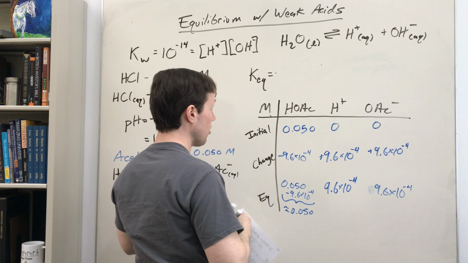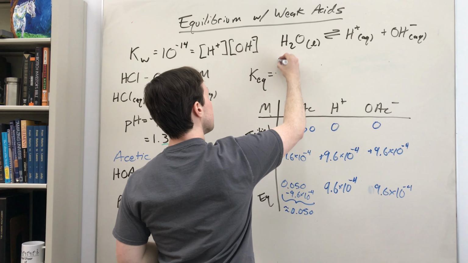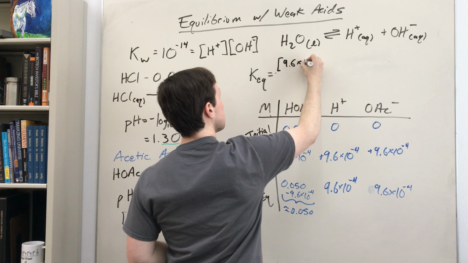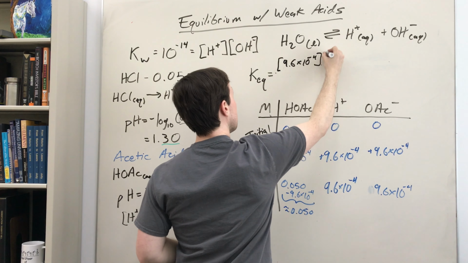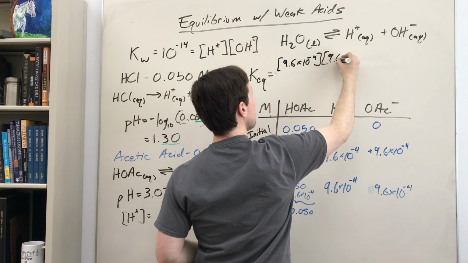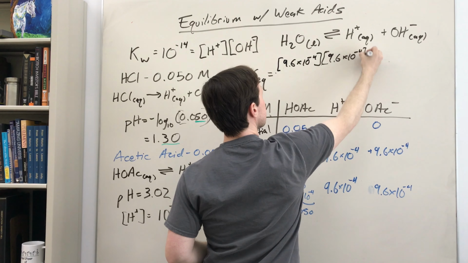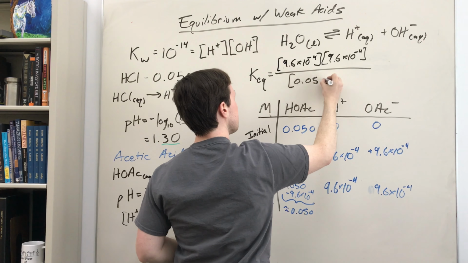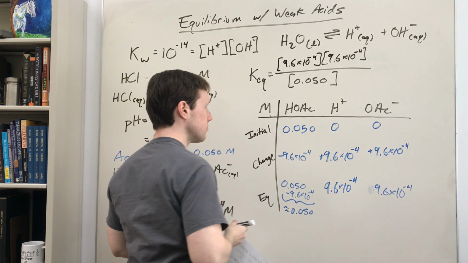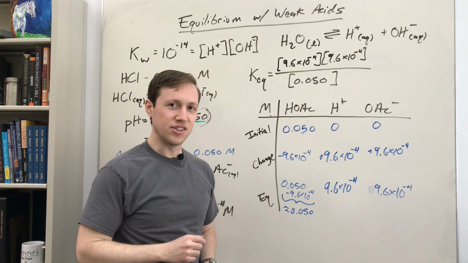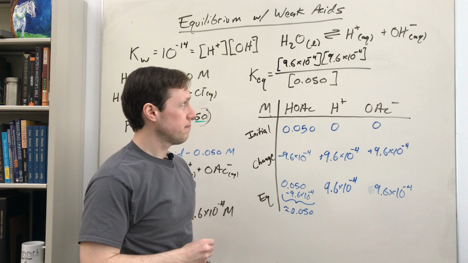So our concentration of our acid, our concentration of that conjugate base, and our concentration of the conjugate acid, the acetic acid.